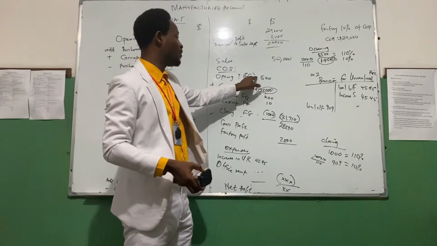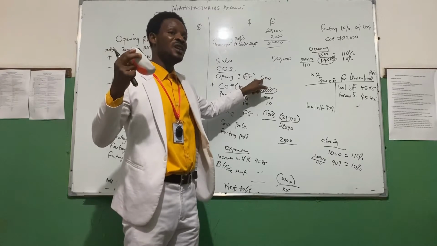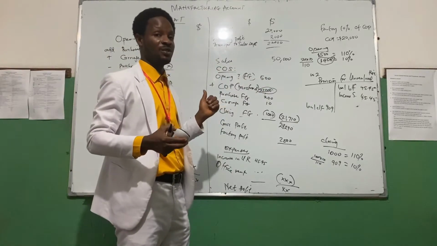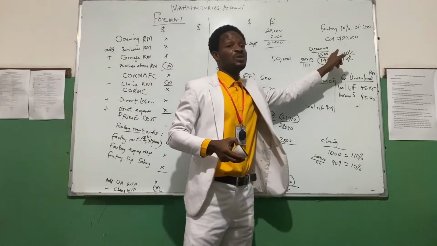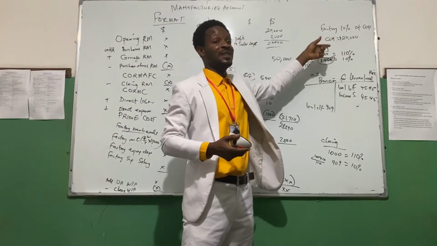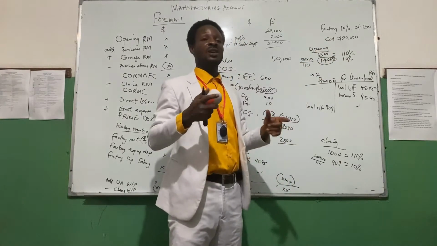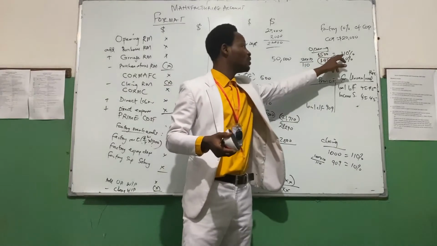The same calculation goes for if we have opening finished goods. That means this amount must have already included the profit unrealized by the factory department in the previous period, which has to be calculated as thus. Supposing it was also charged at 10% factory profit. If it was charged at a different factory profit rate, you must take note of that.